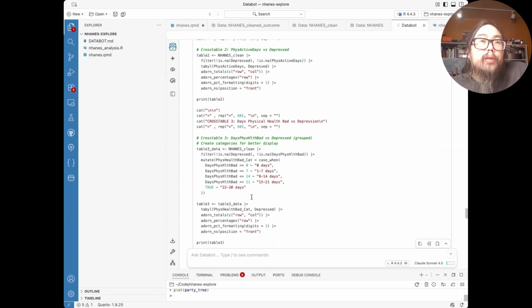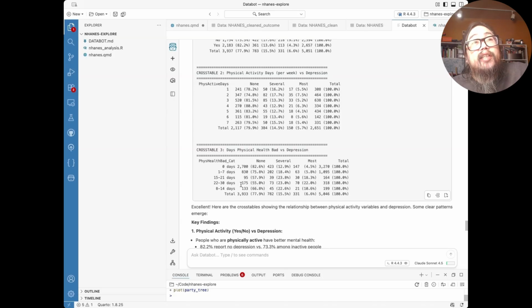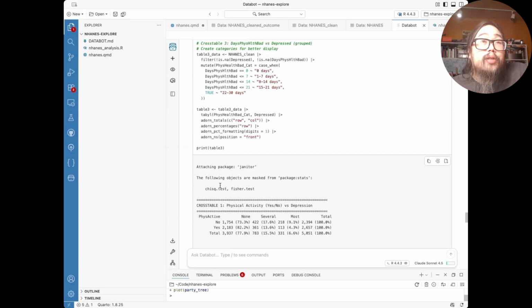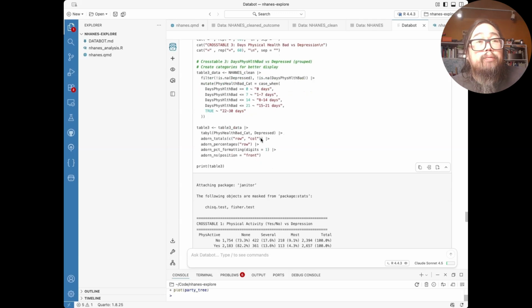But one of the problems with this table is that the categories aren't in order. I would have added an extra mutate here, making this new category a factor and providing the levels in order. It's a bit of a nitpick, but in terms of making things easier, that is one area where it kind of fell down.